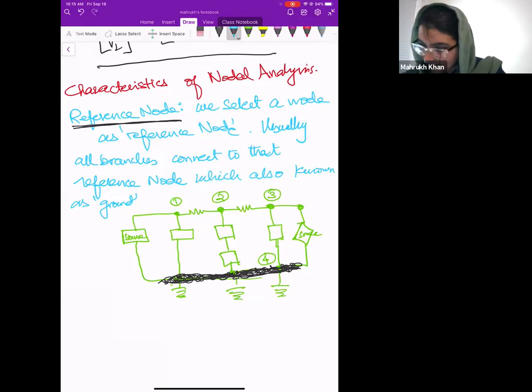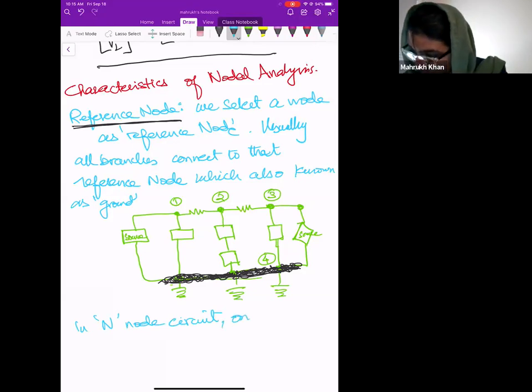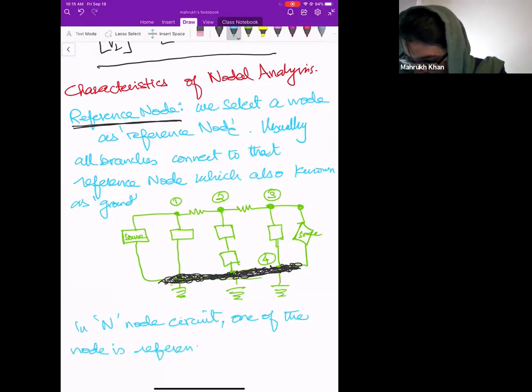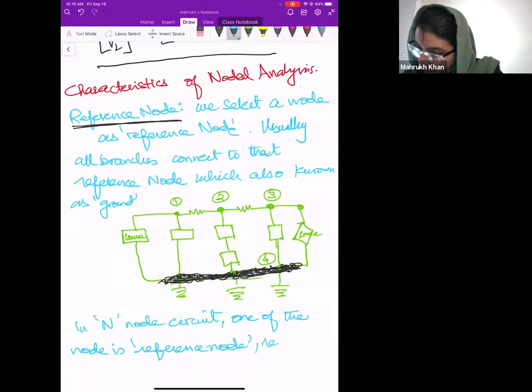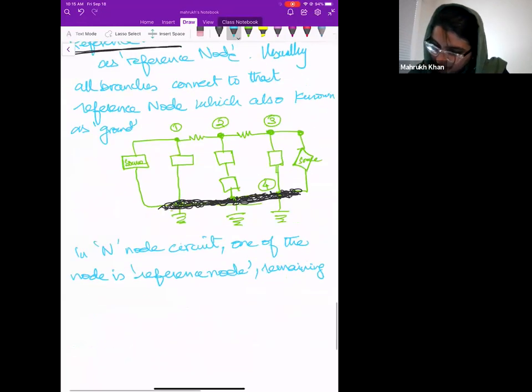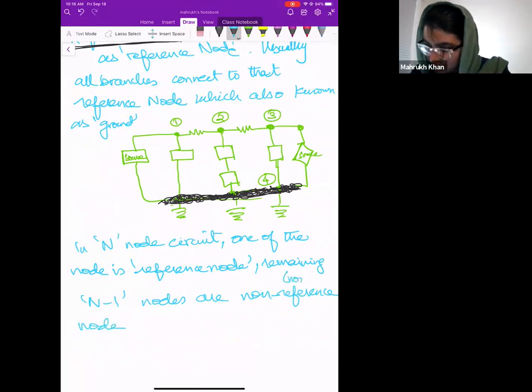In an n node circuit, one of the nodes is the reference node, as we wrote before. The remaining n-1 nodes are non-reference nodes, or you can also say non-zero nodes.